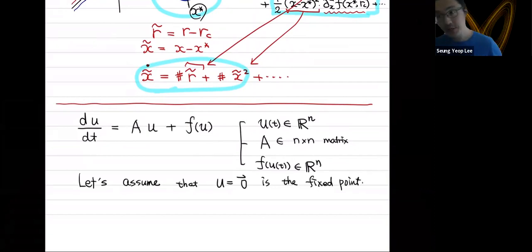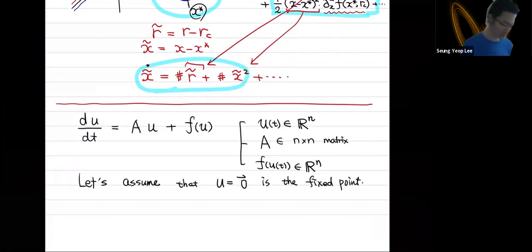And if it is a non-hyperbolic fixed point, what's the non-trivial expression that matters for f of u? Okay, so that's what we want to do.